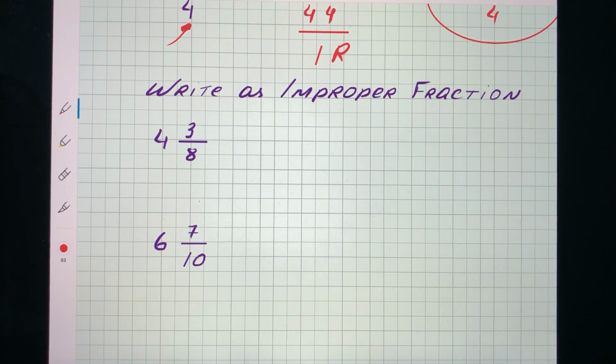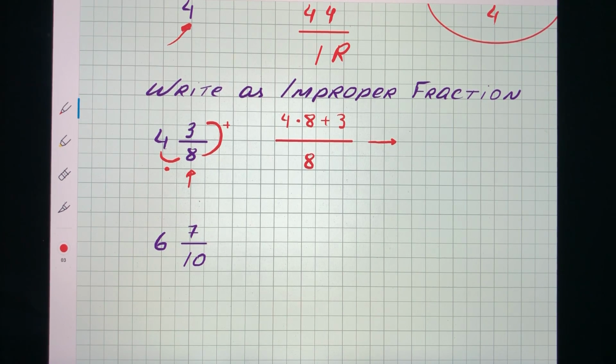So first is a multiplication. 4 times 8 and then plus 3. So 4 times 8 plus 3 is our top, which is called numerator. The bottom never changes. It hasn't changed in the first two examples, and it doesn't change now. So this is what the fraction will look like eventually.